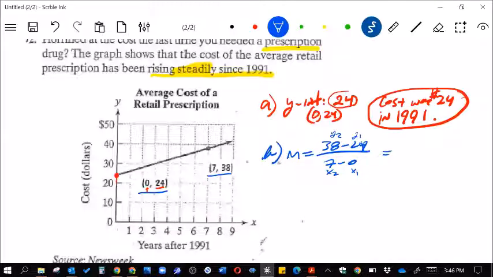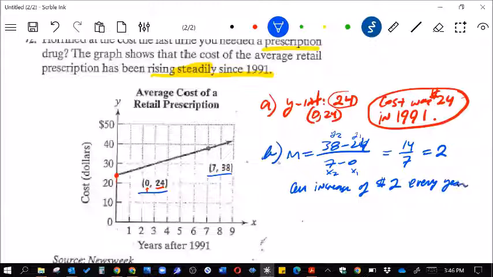So we get 14 over 7, which is equal to 2. So the slope is 2. That means there's an increase of $2 every year. I should say an average increase, because it might be higher in some years and lower in others. But that's the answer to that one.